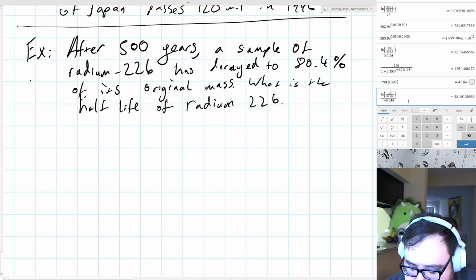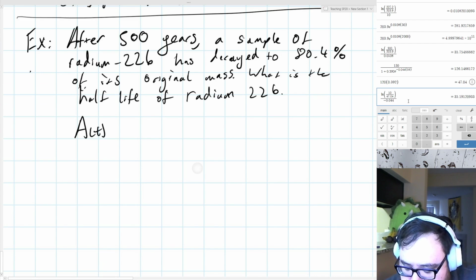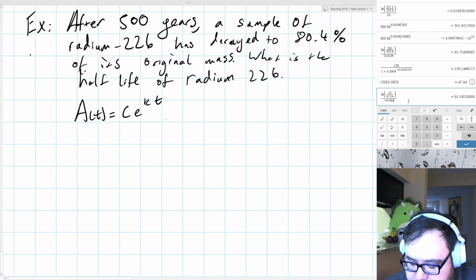So here we're going to use the model A of t, the amount left in terms of time, is equal to Ce^(kt). Okay?